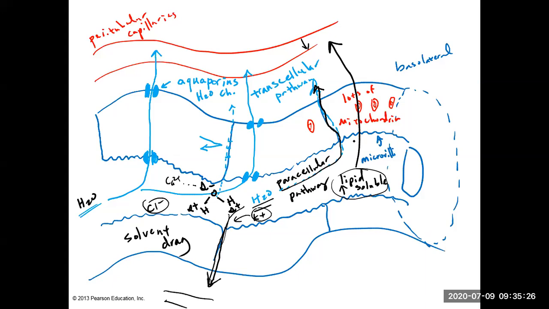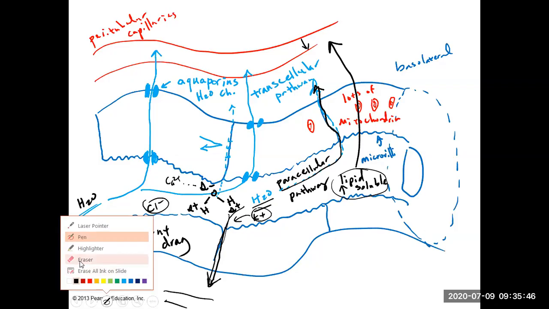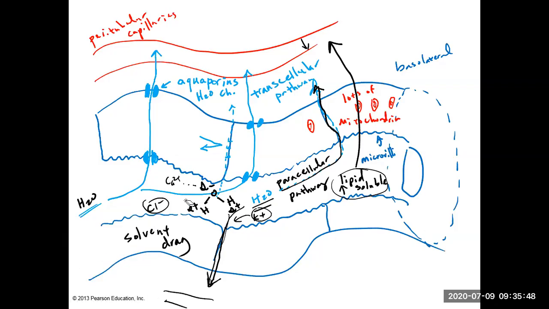Let's take a look at what else is happening in here, because an awful lot is happening. I'm going to erase this because I want to use the proximal convoluted tubule again, and create a little more room so we can concentrate on the other things.